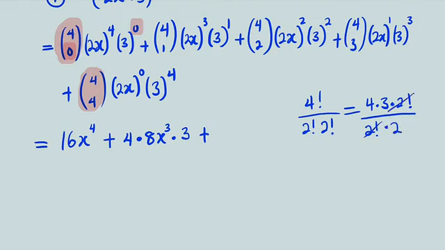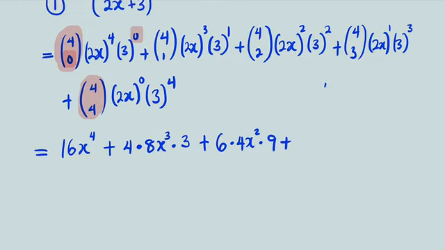This will cancel this, and 2 can go into 4 2 times. All we have is 2 times 3, which is 6. So 4 combination 2 is 6. Then 2x to the power of 2 is going to give us 4x squared, multiplied by 4x squared. Then 3 squared is 9. Then we move to 4 combination 3.